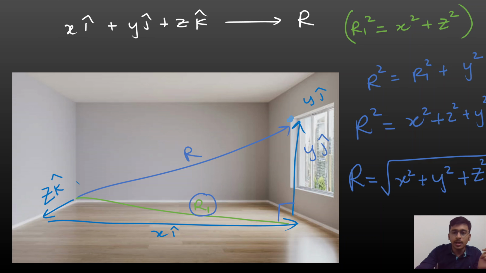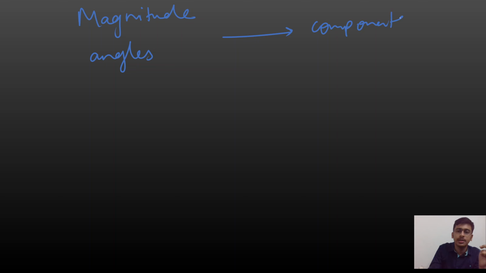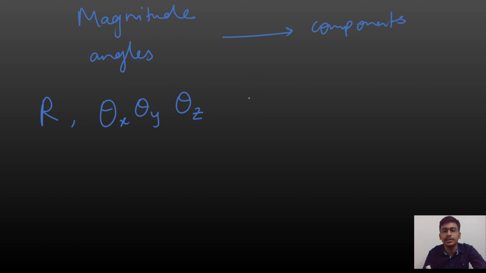Okay. And how do we find the components from the magnitude? If I have the magnitude and I have angles, how do I find the components in 3D? So if I have, let's say, R, and theta x, theta y, and theta z, how do I find the components?